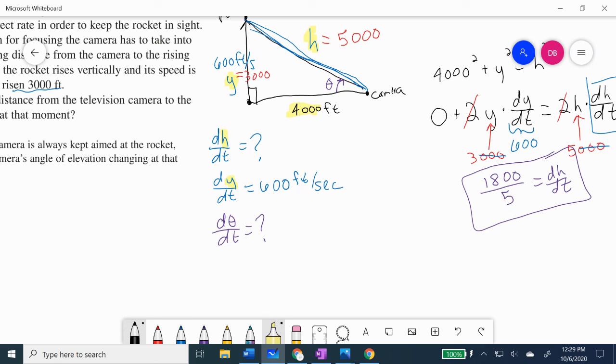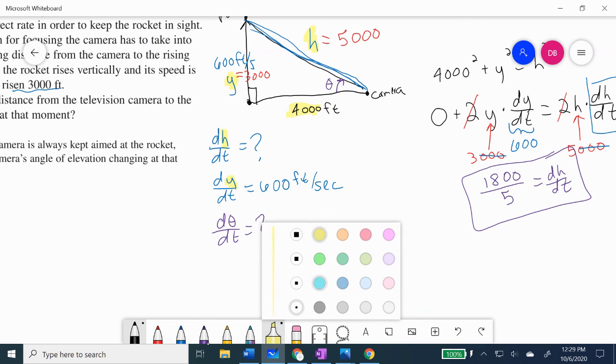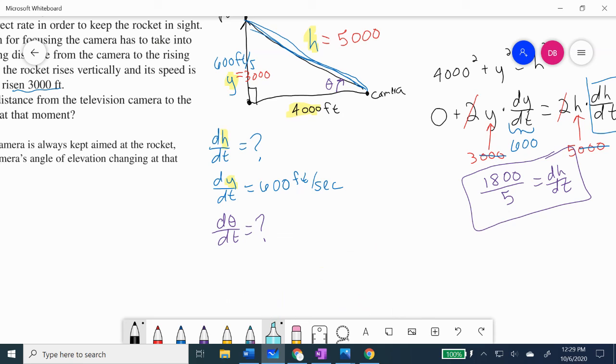Now, we were given the rate of change of the vertical side. We have a constant side. That would be really nice to use. But since we know dh dt, we can use any trig function we want.